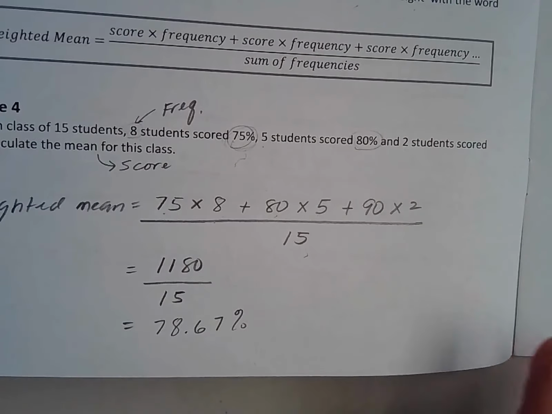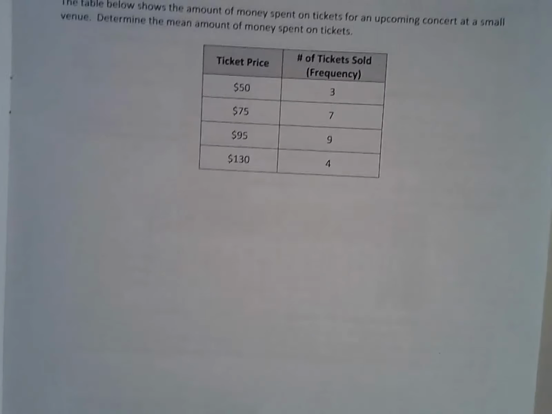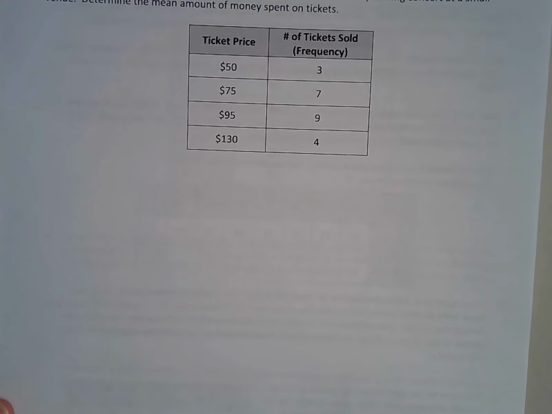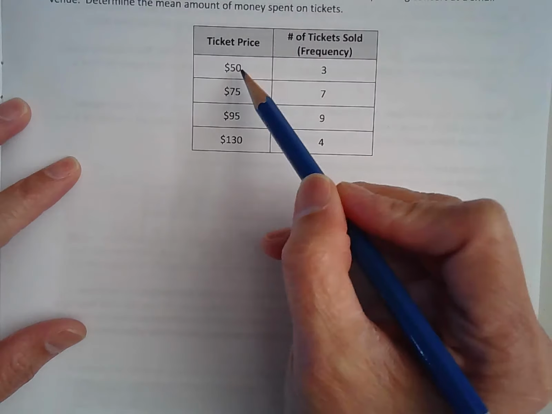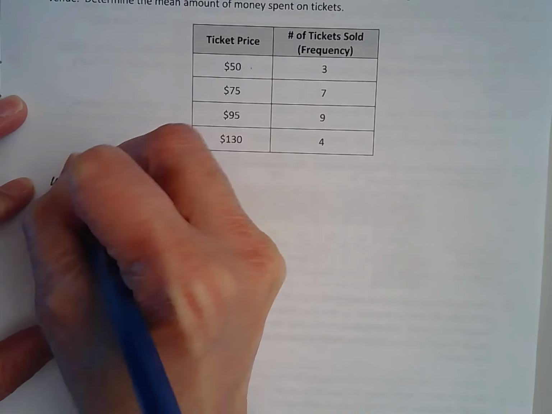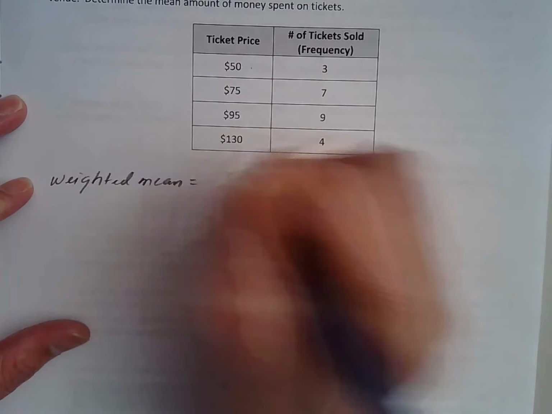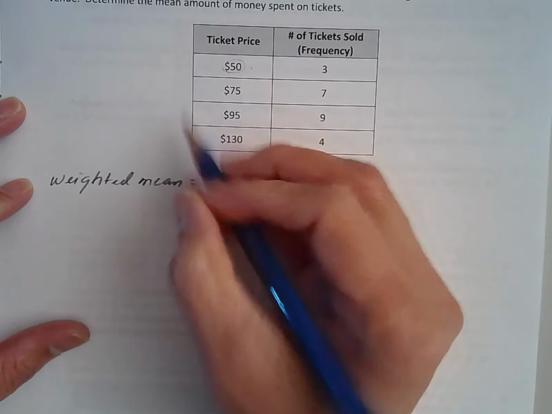Is that okay? Yep. Okay, let's get to the final one. Example 5. The table shows the amount of money spent on tickets for the concert. So weighted mean. They paid $50.